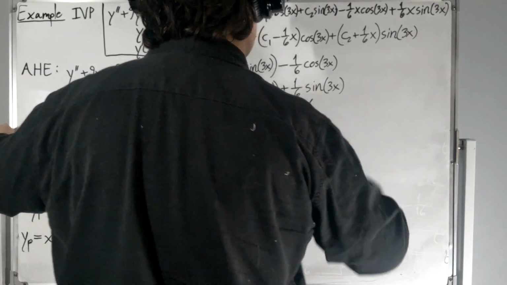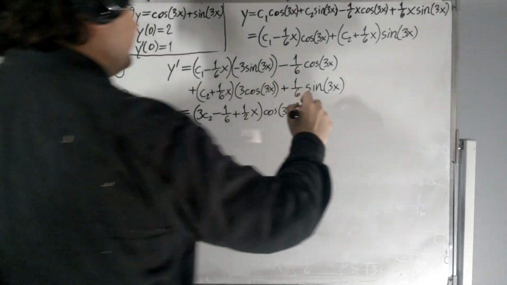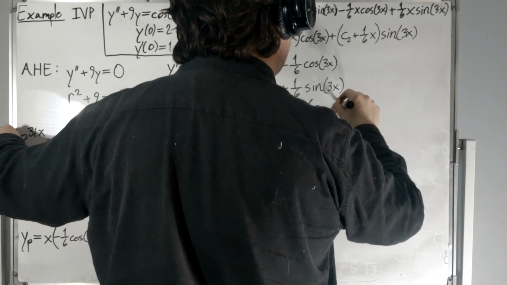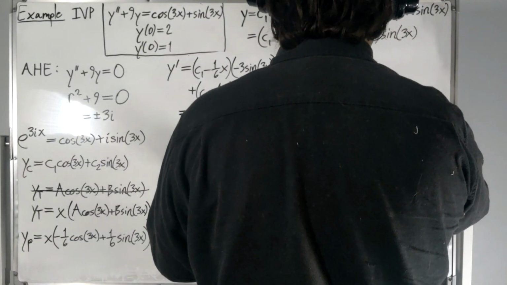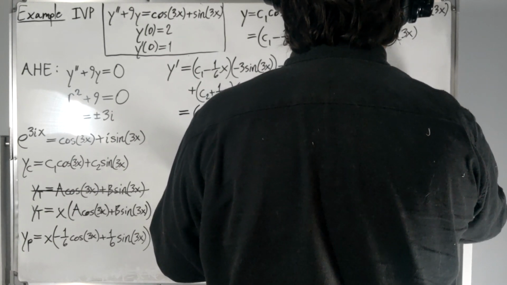Add to this, let's see here, (negative 3c1 plus 1/6 plus 1/2 of x) times the sine of 3x.